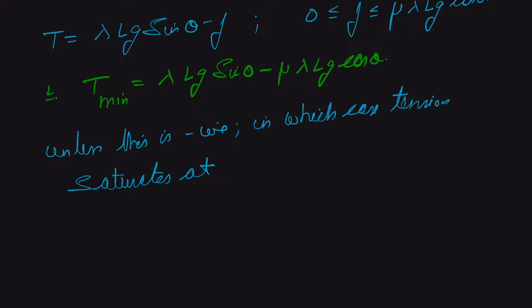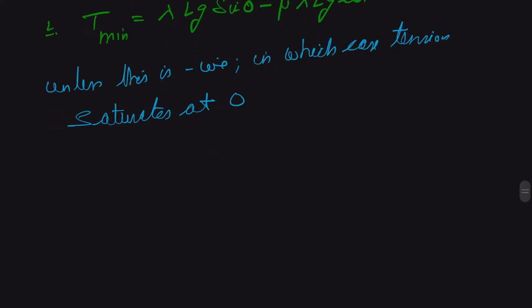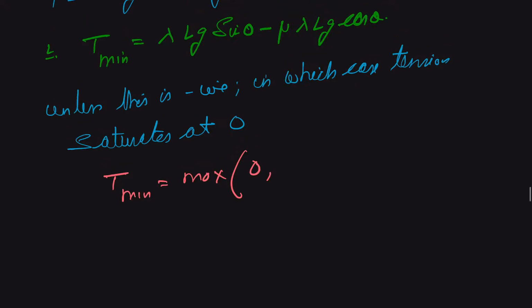So it means we can write that T minimum will be the maximum of 0 and lambda L G times sine of theta minus mu cos of theta. Okay, so this was our first case.